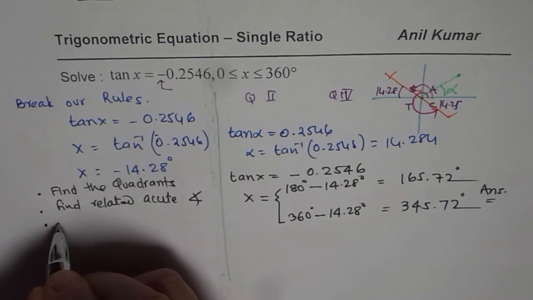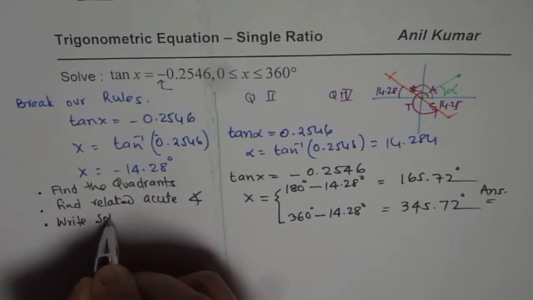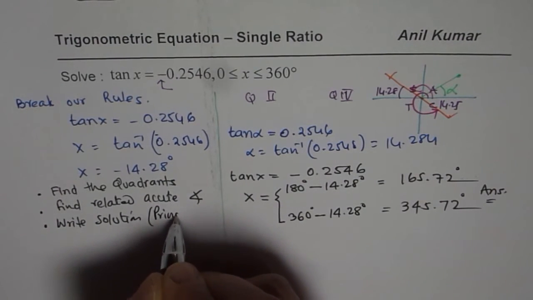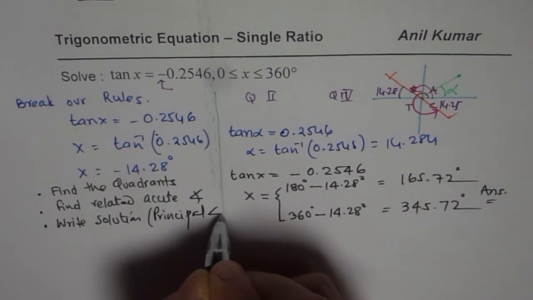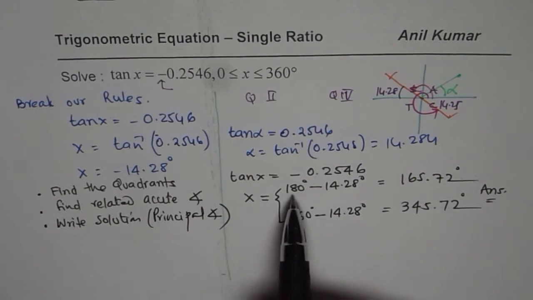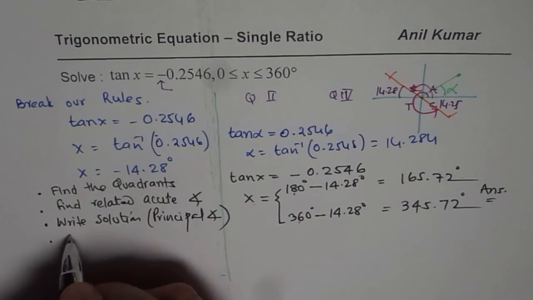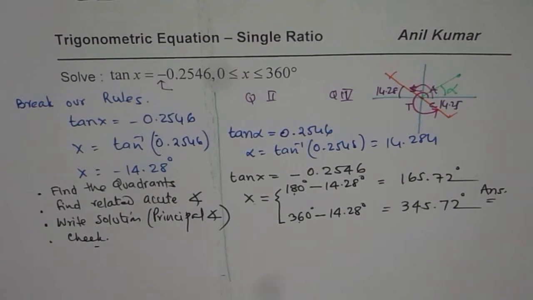Step 3, write the solution, which is the principal angle. Do you understand? That is how you have to write the solution, using that principal angle, right? And the fourth step is check. There is no harm. It just takes a second and you're sure that you got the right answer. I hope these steps help.